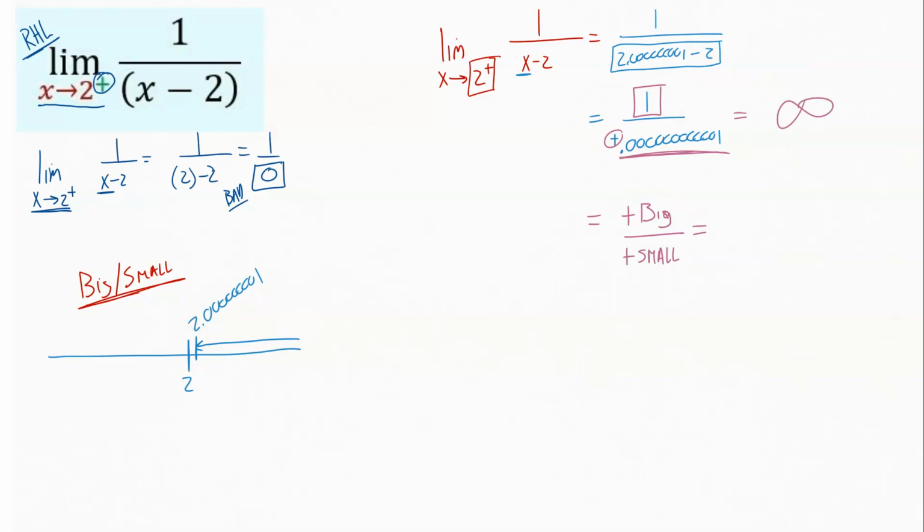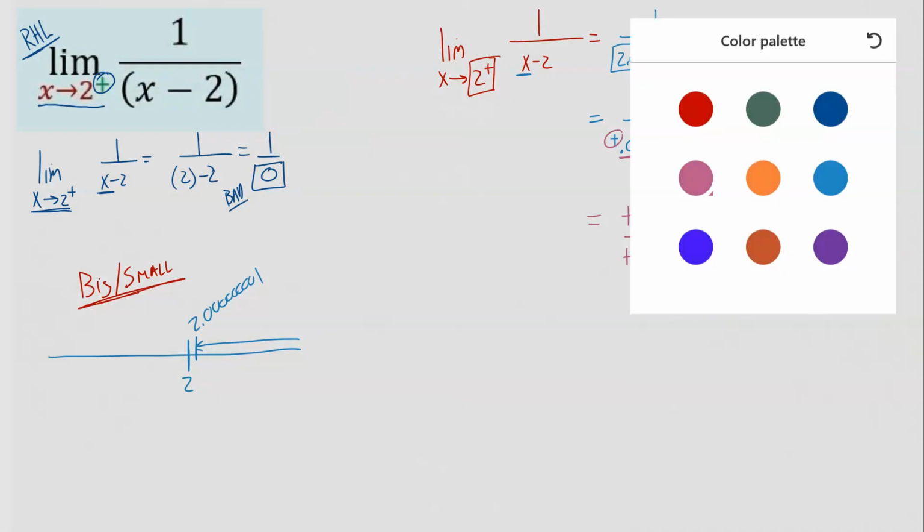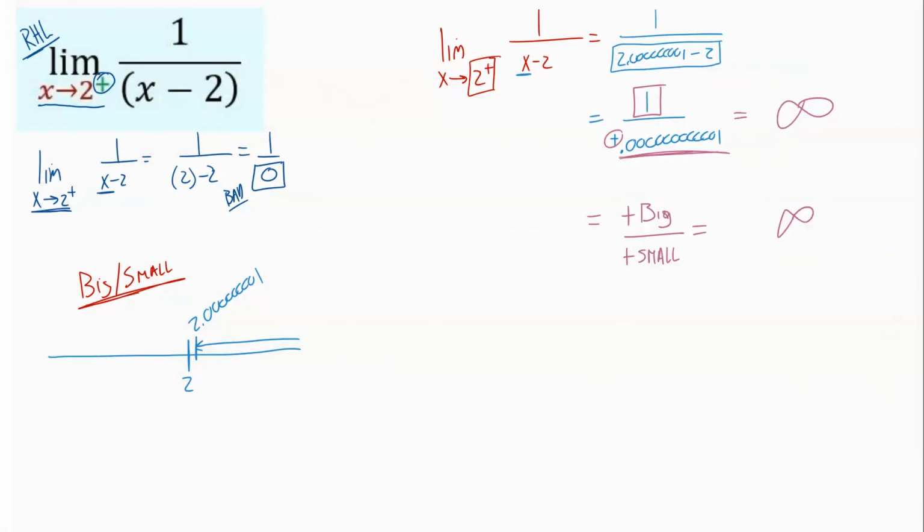So when we've got a positive big, a big over a small, we know we're headed to infinity. And then the sign that you're worried about, you always check the front up here. So this would be a positive. And so a positive over a positive would tell us that we're headed to positive infinity. And so what we're finding here is that the limit as x approaches 2 from the right is headed to positive infinity.